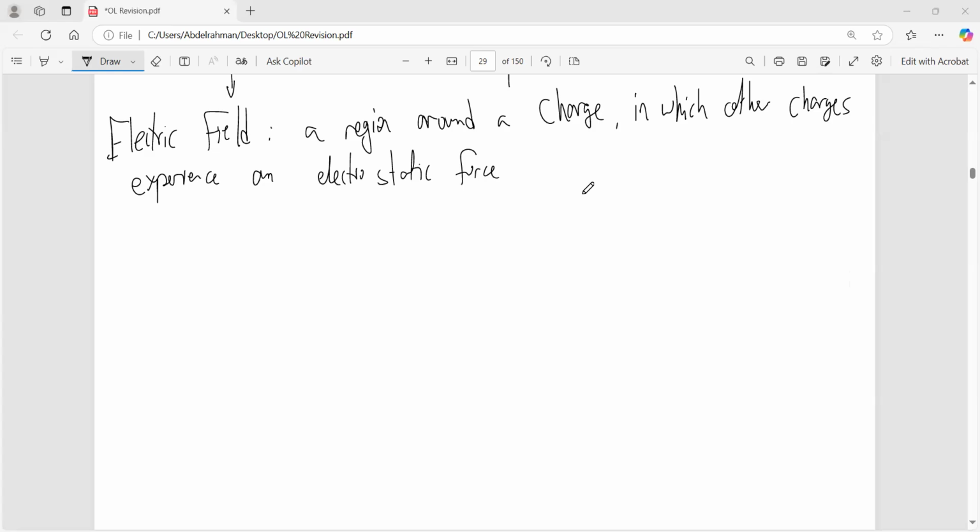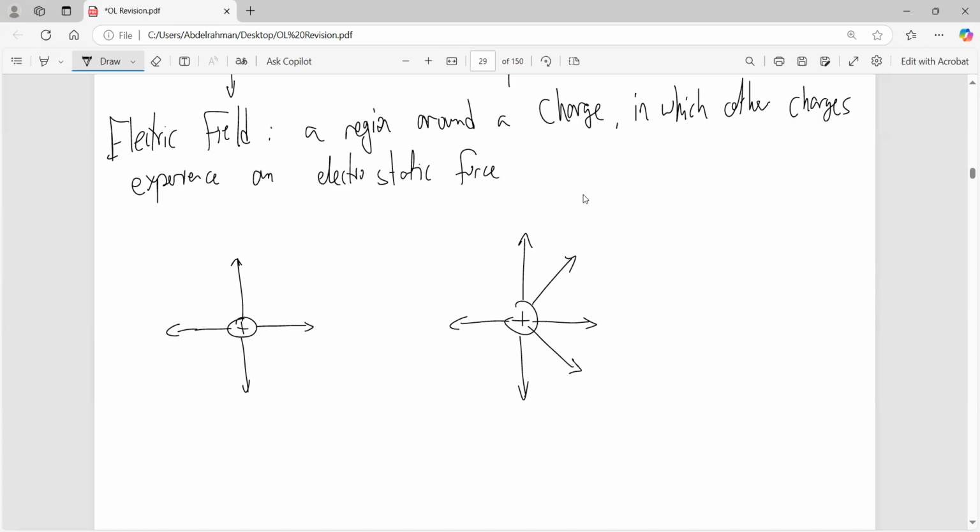How can I differentiate between a strong electric field and a weak electric field? If I have a positive charge with very few lines around it, the distances between these lines are quite large. If another charge has many lines, for example 8 or 16 lines, the distances between these lines are much smaller, and therefore the strength of this electric field is much stronger.